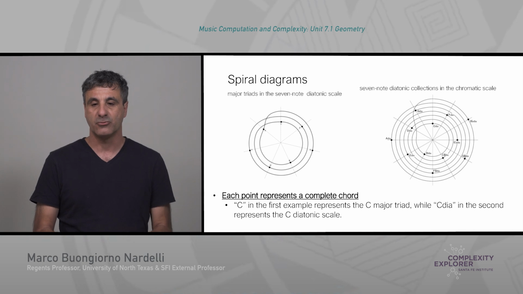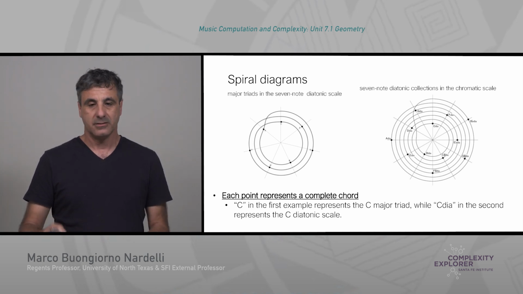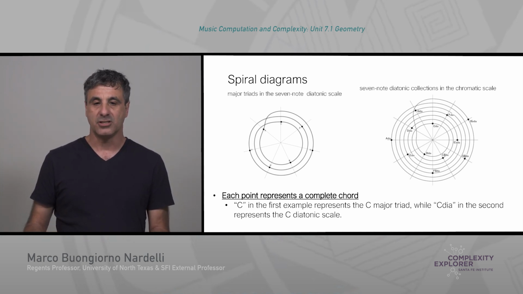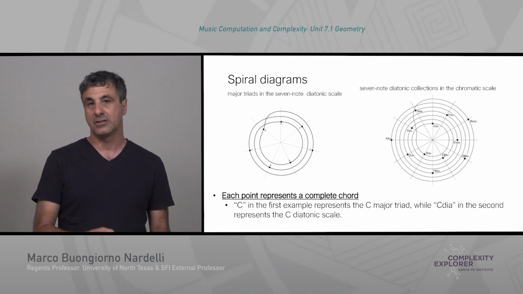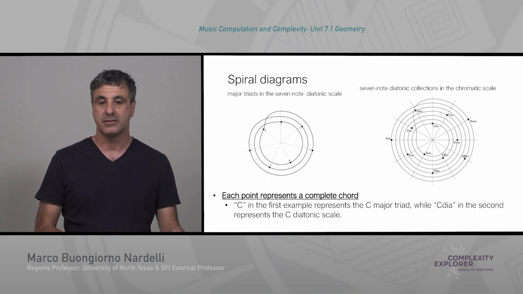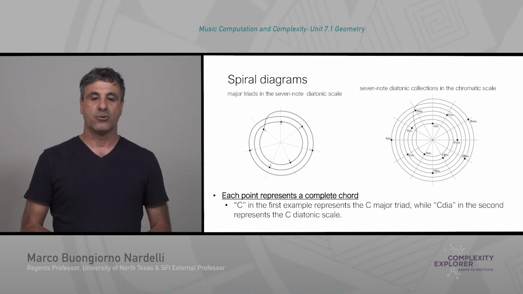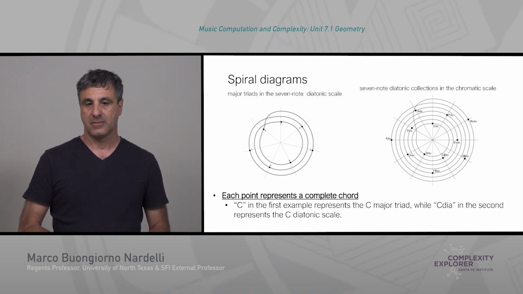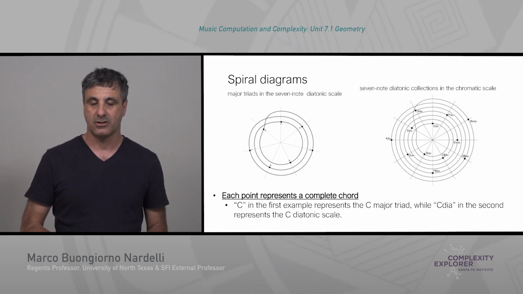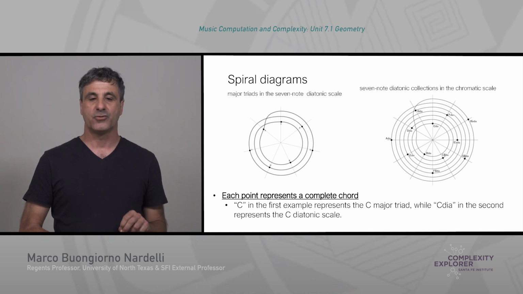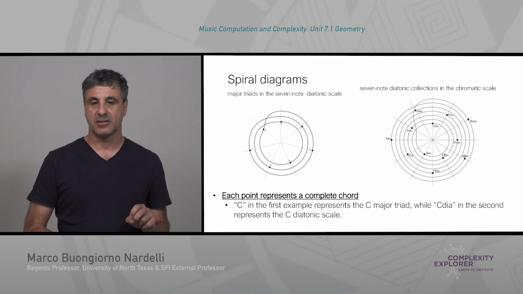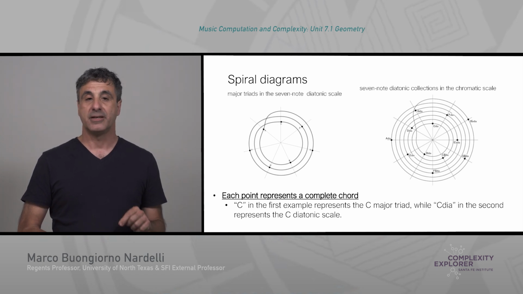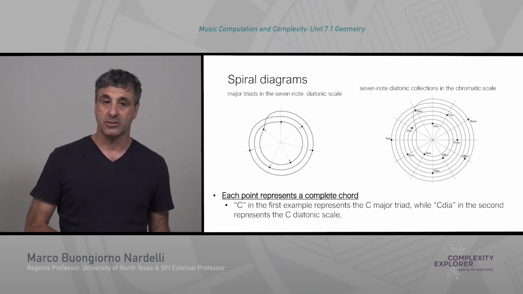So C major would be C, then D, F, G, that would be the minor chord in the diatonic scale of C major would be D, and so on. And what I do, I start from the innermost 12 o'clock point, and then I start placing the notes of the scale on each of the points in descending order. And these points are separated one from the other by the number of notes in the chord.